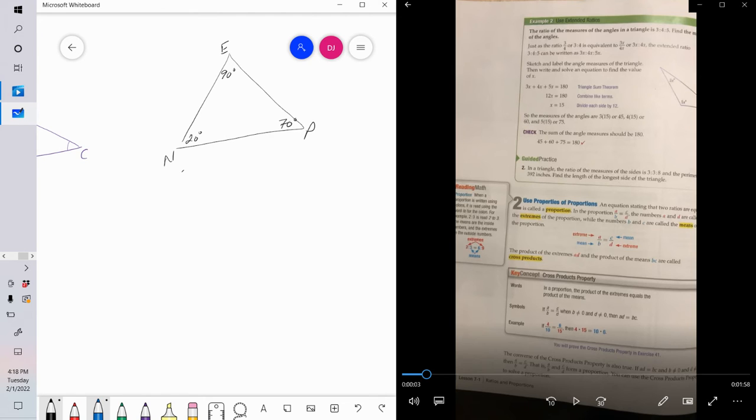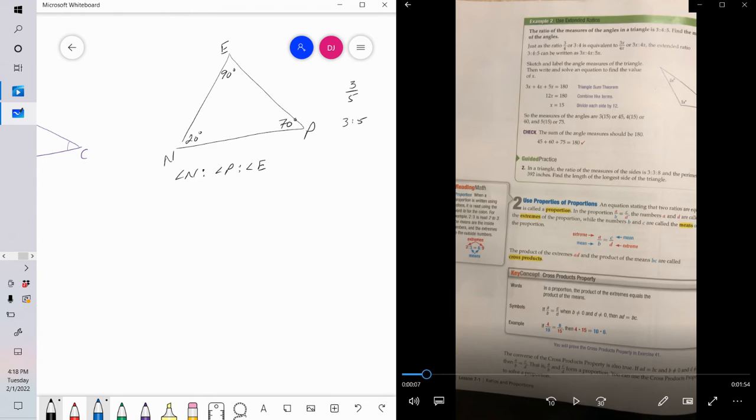If I say we've got angle N and we want to compare that to the measure of angle P and compare that to the measure of angle E, notice the ratio, I'm writing them with these colons here. So just like before, Josh Allen, right? 3 out of every 5 passes, we could write that ratio as 3 to 5, and we can use that colon.